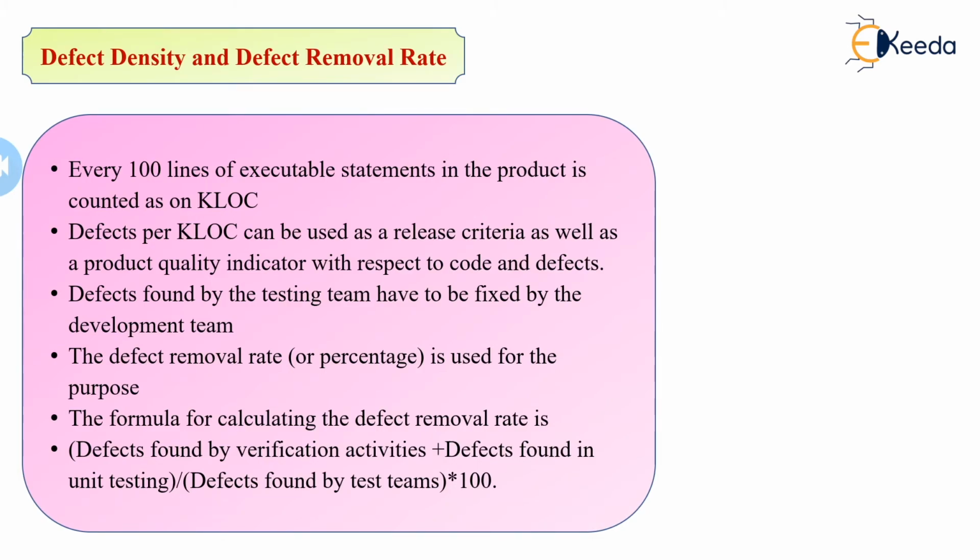Defects found by the testing team have to be fixed by the developer team. This is the understood statement. Now defect removal rate is the percentage used for this purpose. The formula is defects found by verification activity plus defects found in unit testing, divided by defects found by the test team, multiplied by 100.